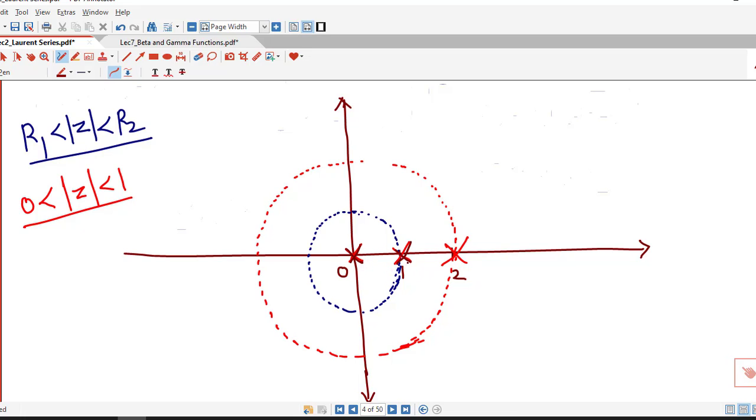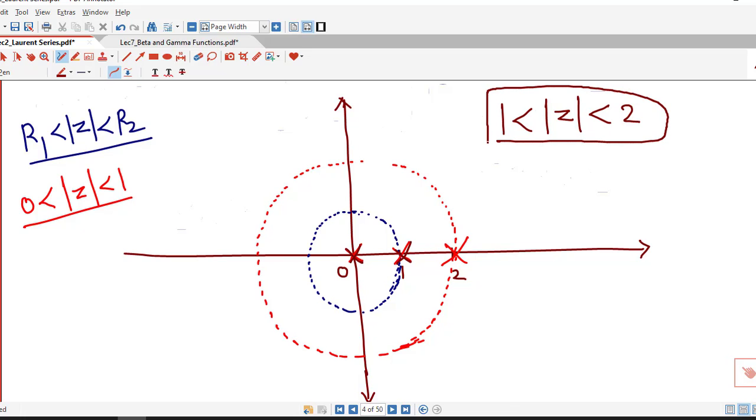If I consider the region between the two circles of radius 1 and radius 2, that is, all the points outside the circle mod z equal to 1, then I have to consider absolute value of z greater than 1, and all the points inside the circle mod z equal to 2, then mod z strictly less than 2.